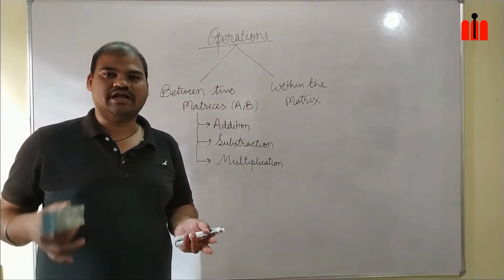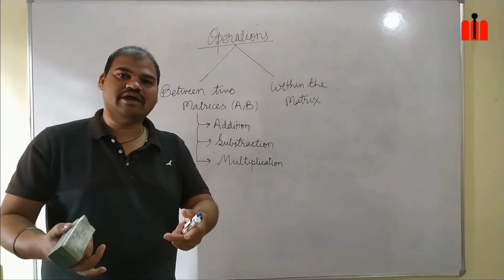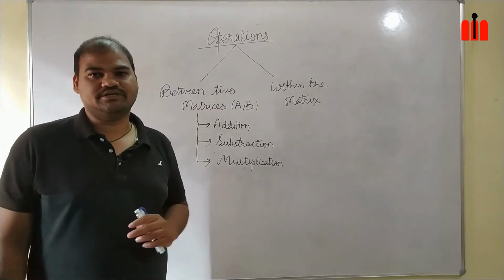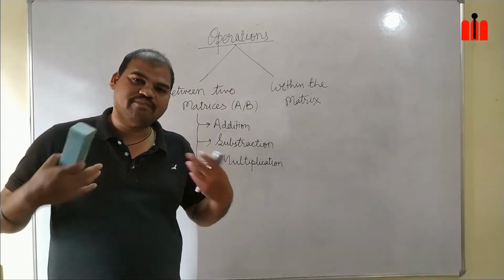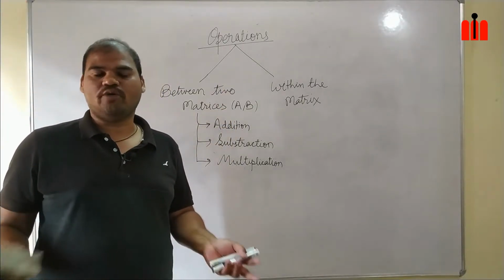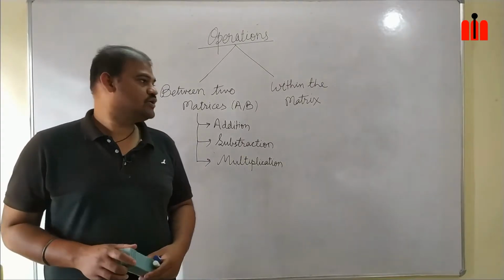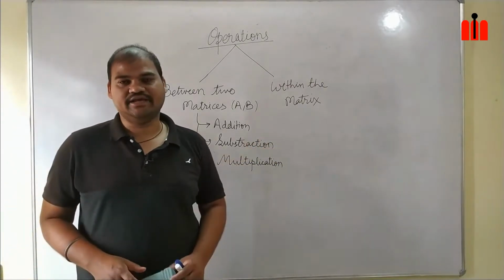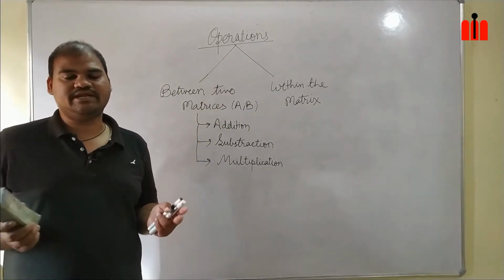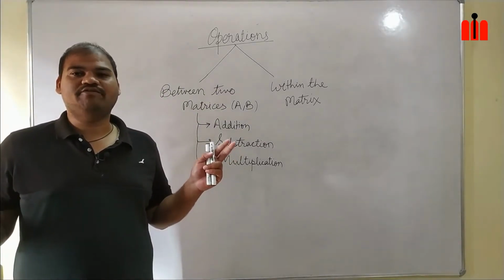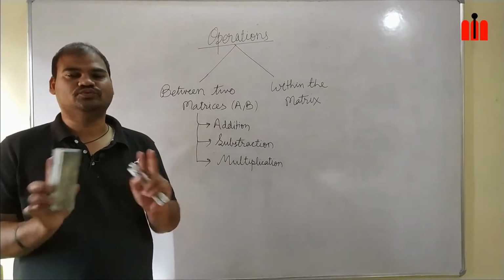Another part is performing the operations within a matrix. Suppose I take a matrix A, and within that matrix I perform operations. That is my second category. The first category is where I take two matrices and perform an operation between those two.